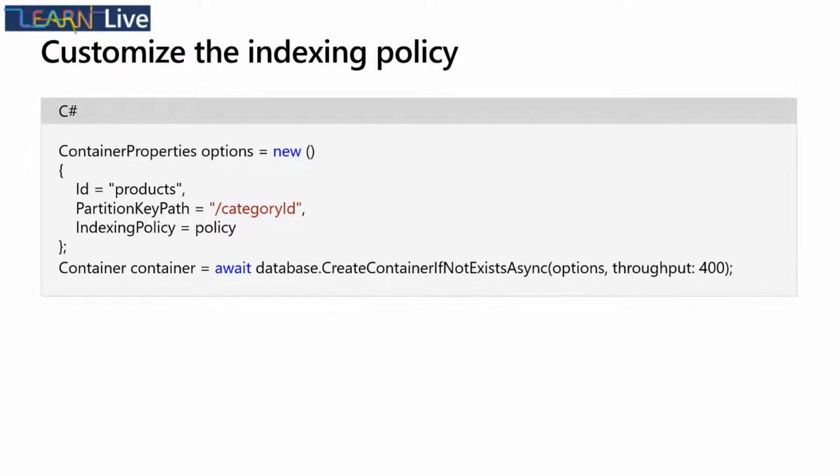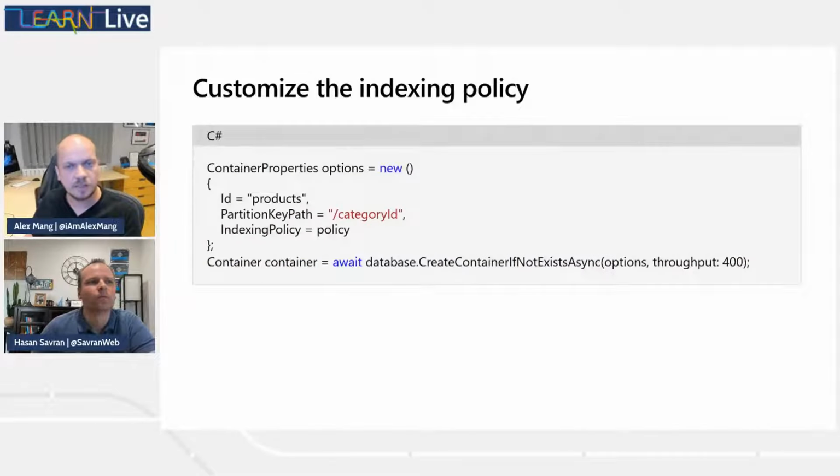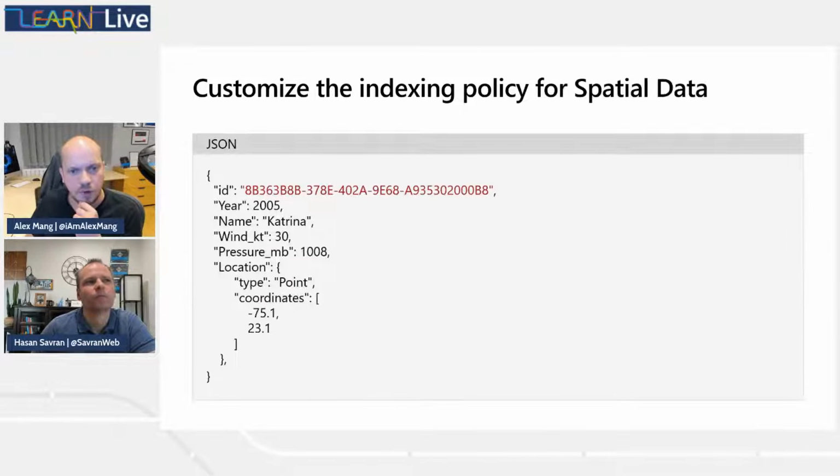I think this is super straightforward, and the fact that you can configure through C# the same thing that you could do through JSON gives you a lot of flexibility in terms of automation and implementing some sort of programmatic change to your indexing, depending on how you deploy your code, how you deploy your data, how you update your data, and so on. So I think this is really powerful stuff.